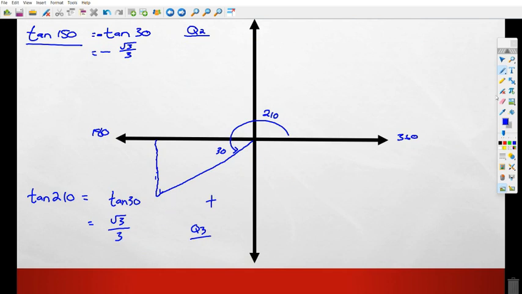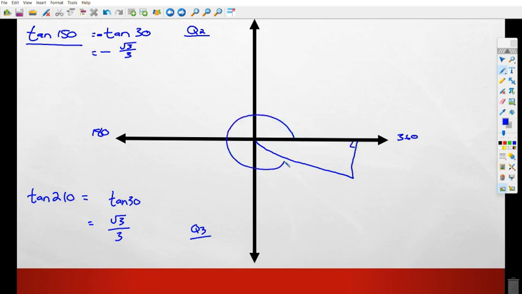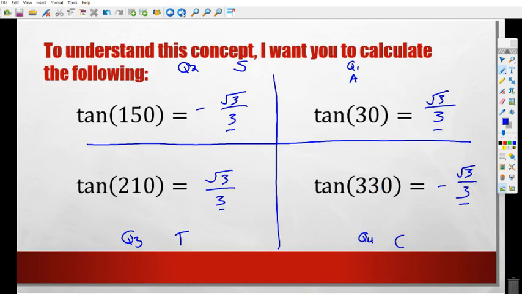Now let's see if it works with the fourth quadrant. So if I draw my triangle again, I draw my triangle here, and I'm telling you that I'm drawing this at 330 degrees, because that's the last one here that they're telling me to draw.